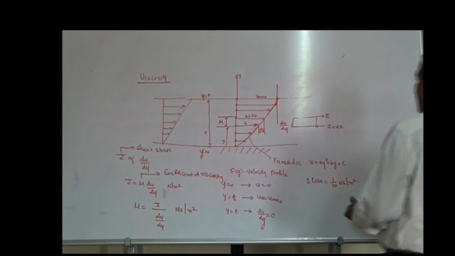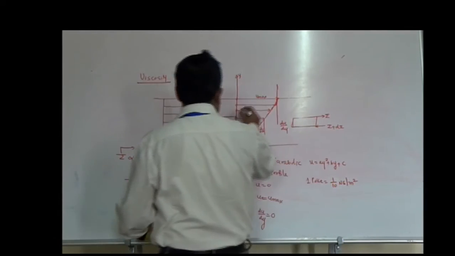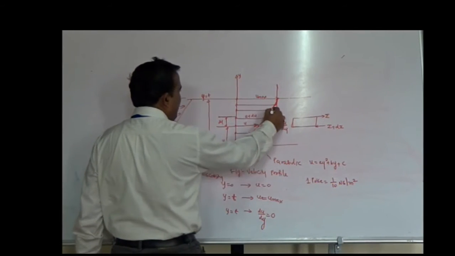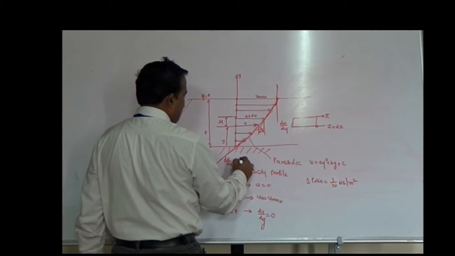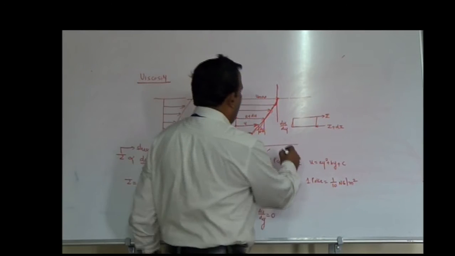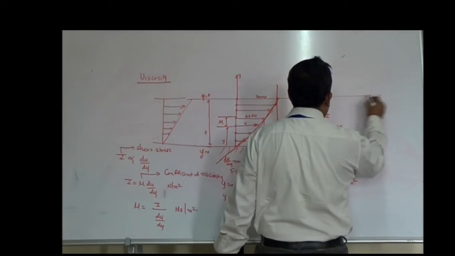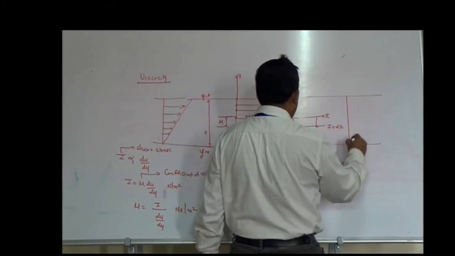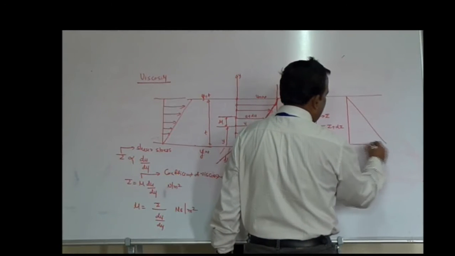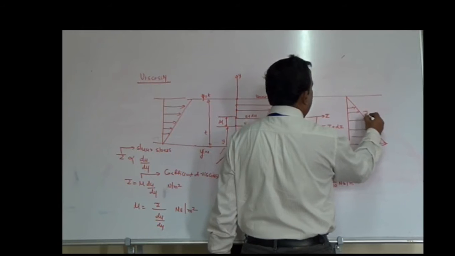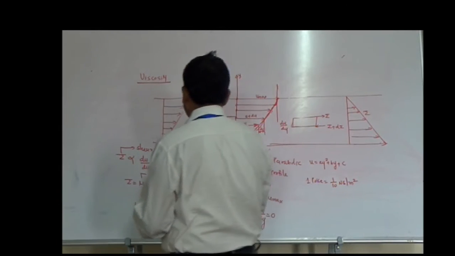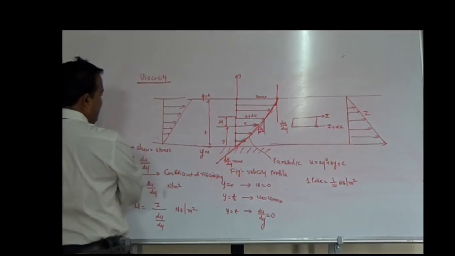What we observe here is that with respect to the y axis, the slope goes on increasing, and here du by dy is maximum. If I draw the shear stress diagram, the shear stress is exactly reverse. The shear stress goes on increasing.